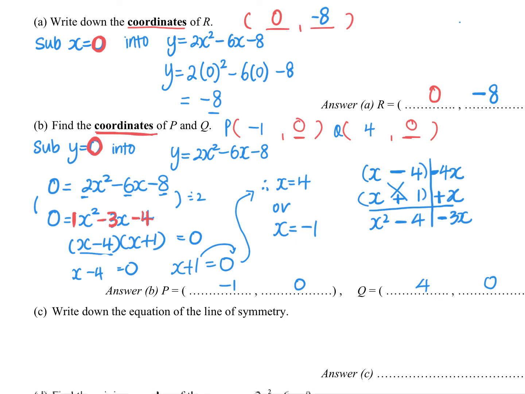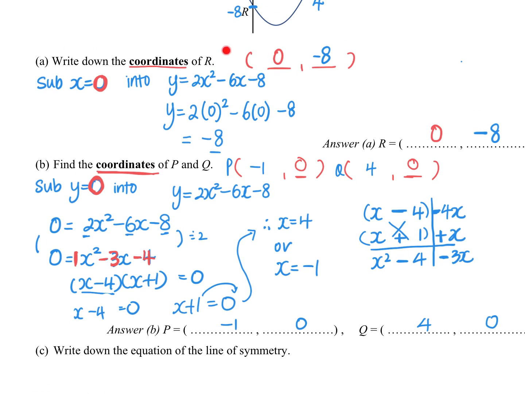Or for example, if you prefer to work with a positive x squared and sometimes your equation has a negative x squared, you can also divide by a negative sign throughout to change your equation into a positive x squared equation so that you can find the answers in an easier method. Then after we get the values, we match them in the diagram and we know that the y value is equal to 0. So that's the part on finding the y-intercepts over here and the x-intercepts over here.